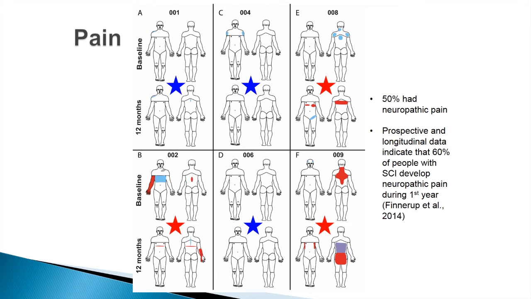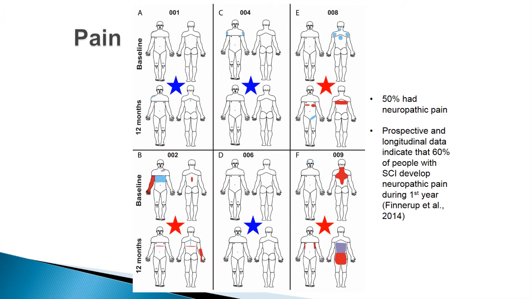So our data fits with the expected data for neuropathic pain development just related to spinal cord injury itself. So what this tells us is that we actually cannot say whether or not Schwann cells are going to have a relationship to neuropathic pain because we only have 6 individuals. However, in these 6 individuals, there is not a worsening or an attenuation of neuropathic pain in relation to the transplant.